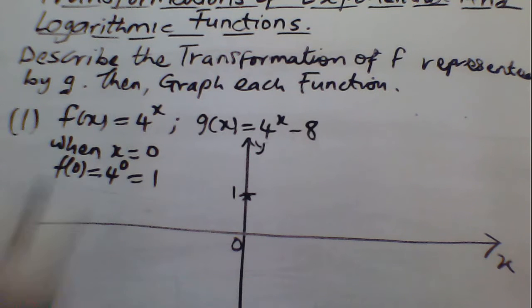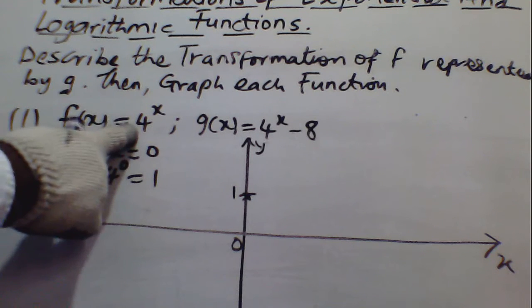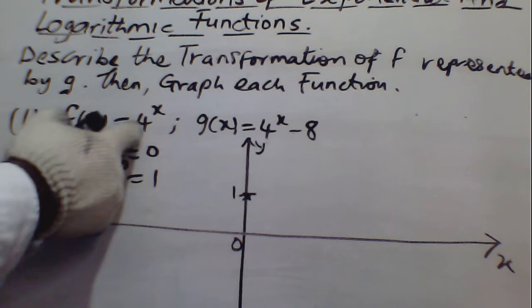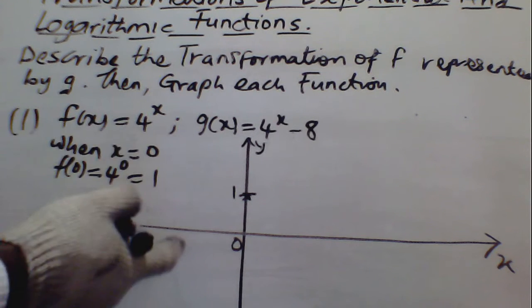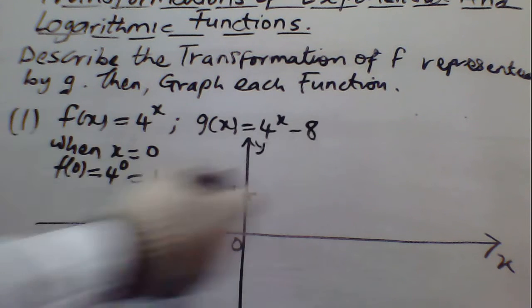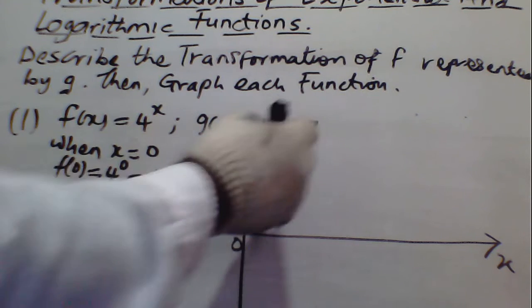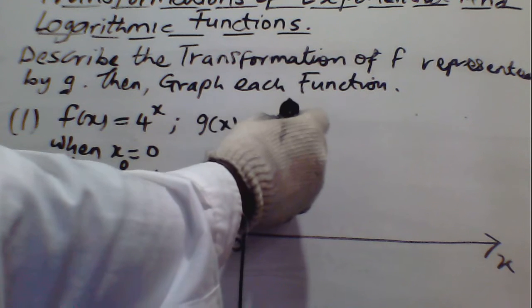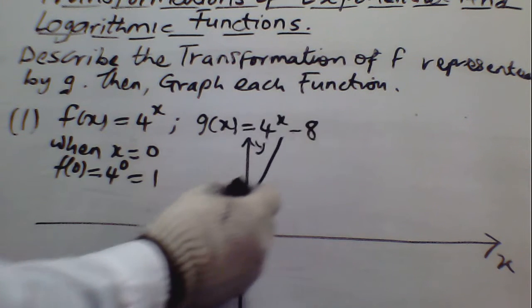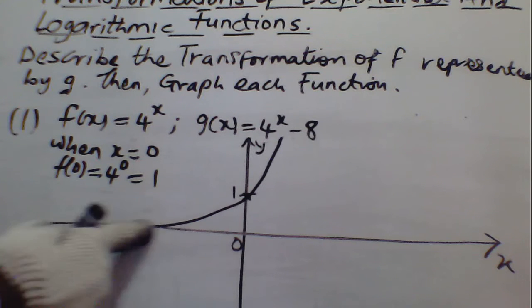And we have known that when the base of an exponential function is greater than 1, the curve will go like this. So we know that this is greater than 1, not a fraction. We put our curve here and draw a smooth line.